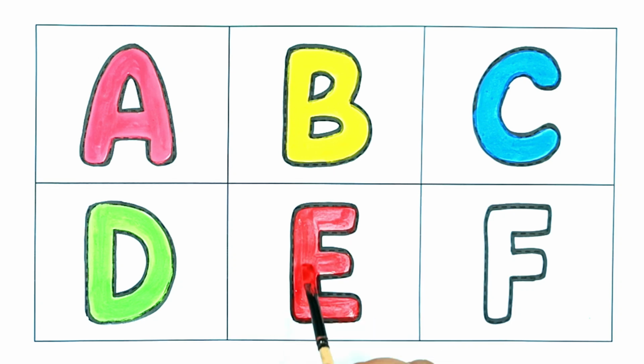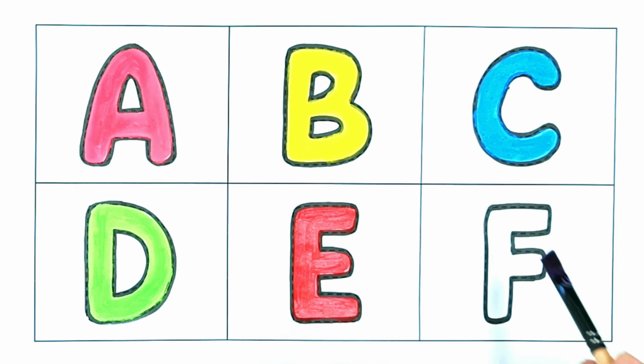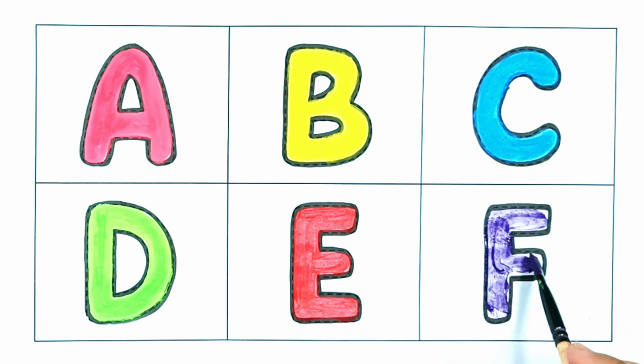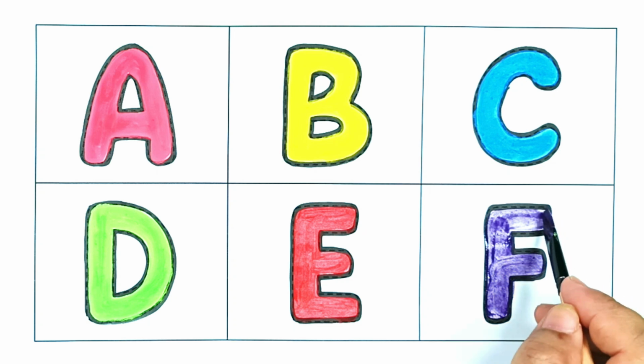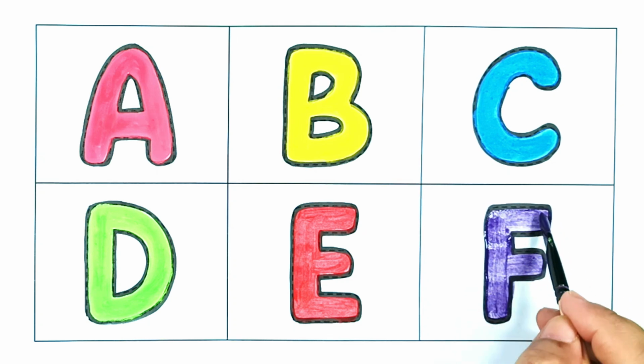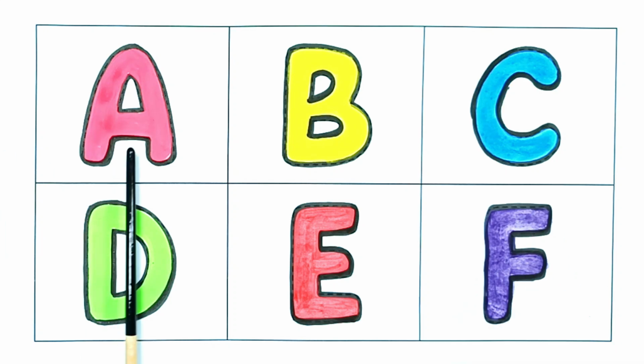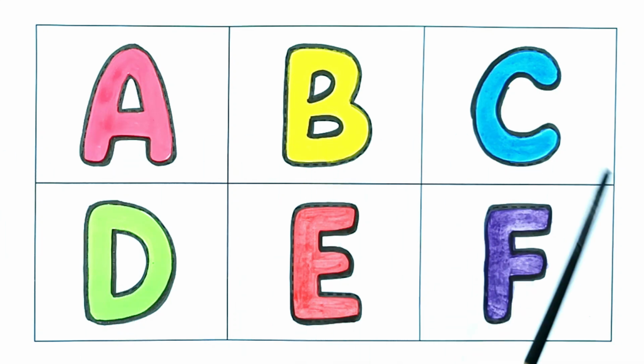E for egg. F for frog. A, B, C, D, E, F.